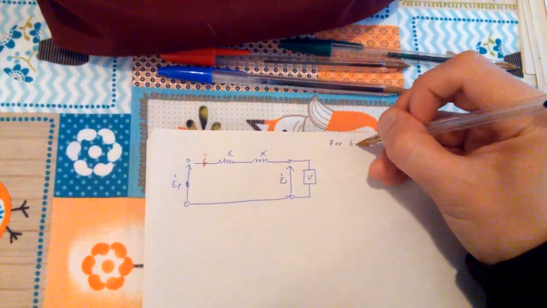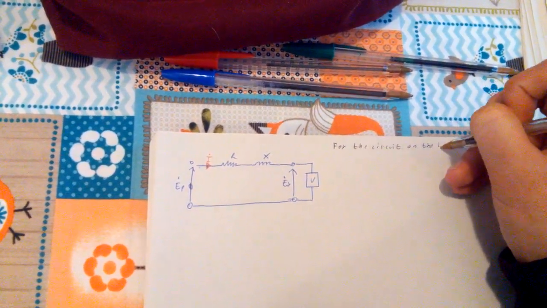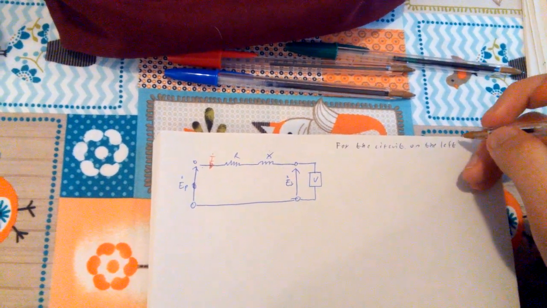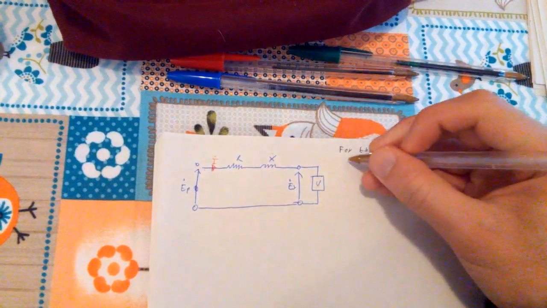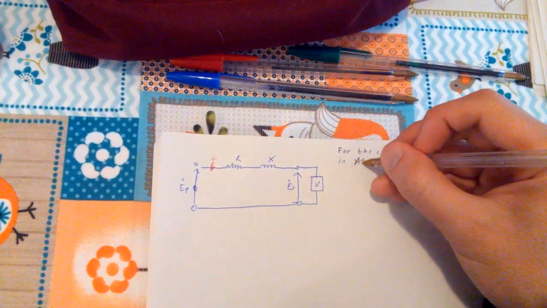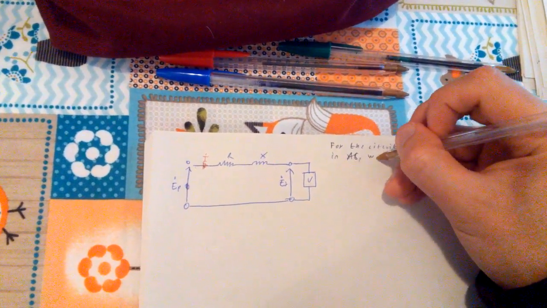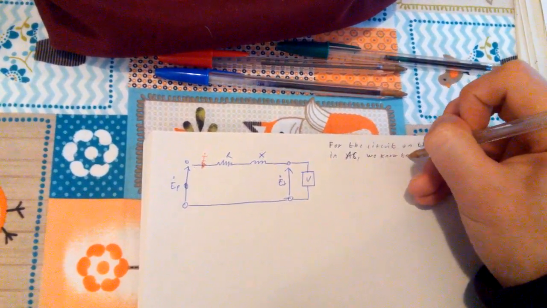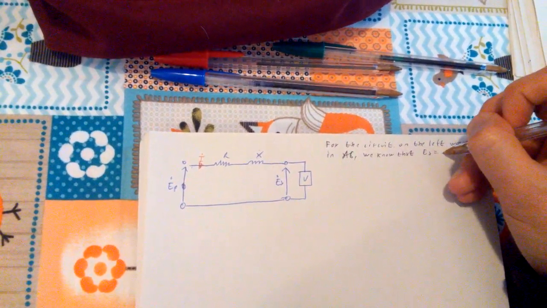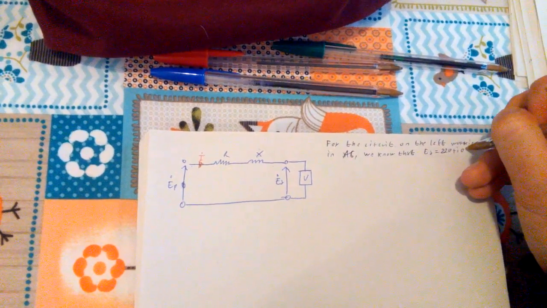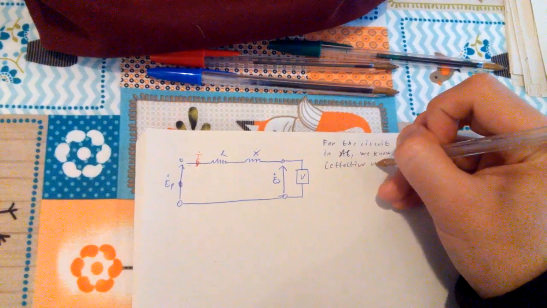that for the circuit on the left working in AC, we know that EA is 220 plus 0I volt, effective value.